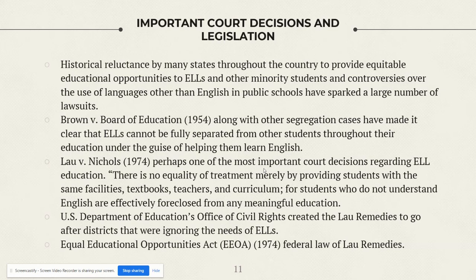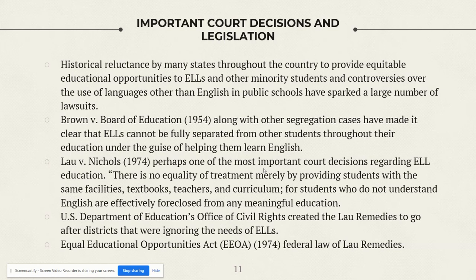And there are, of course, controversies over the use of languages other than English in public schools that have sparked many lawsuits. So the first one here is Brown versus the Board of Education, which, if you've done any sort of background to education type of class or an education law class, is always a seminal case that's discussed.